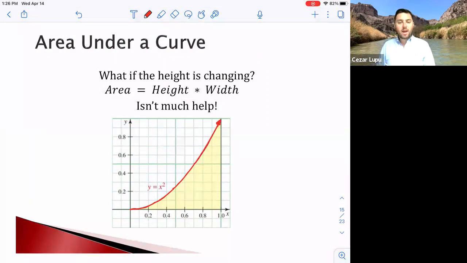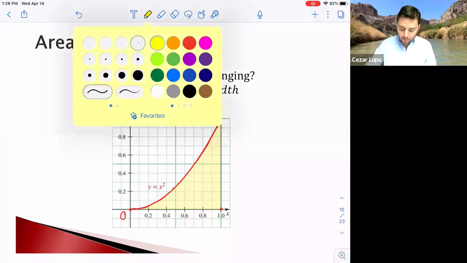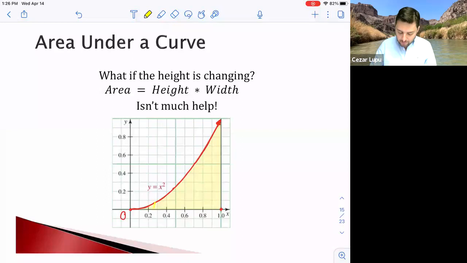Right? And I'm interested from zero, starting from zero here, all the way to 1 here. What is the area under the curve? Look, I'm interested in this area here. So what is the area under the curve of this yellow portion here?